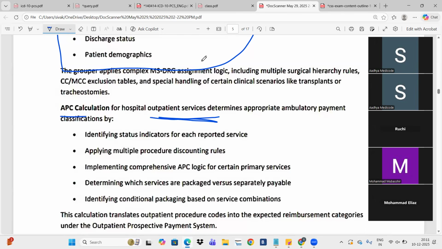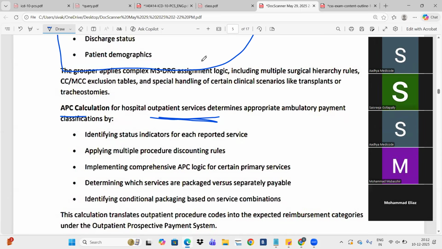APC payment methodology is for outpatient, MSDRG for inpatient. So here you will get 2 questions on these concepts. Patient admitted in the emergency department and discharged from ED. Under what payment reimbursement methodology will they get the payment?